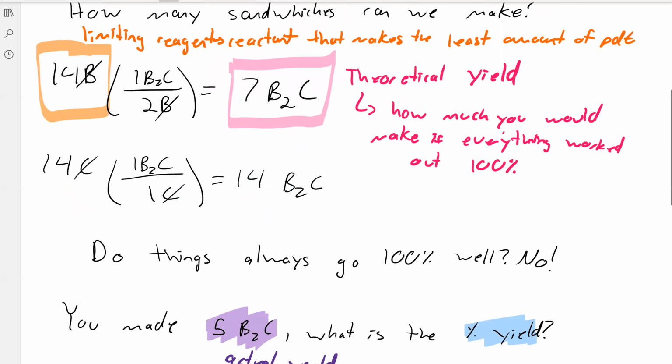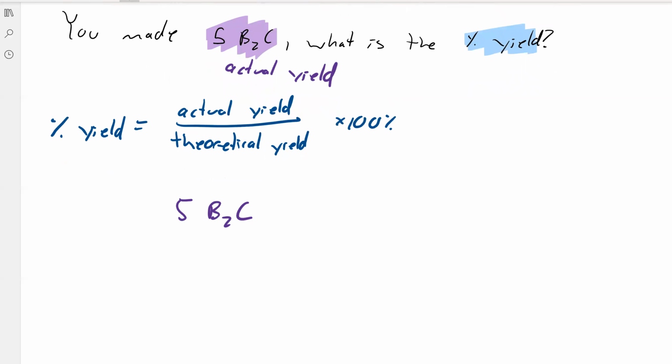Our theoretical yield was 7 sandwiches. We multiply that by 100%. In this case, we get about 71%. So that's our yield. We made about 71% of the sandwiches that we could have made.